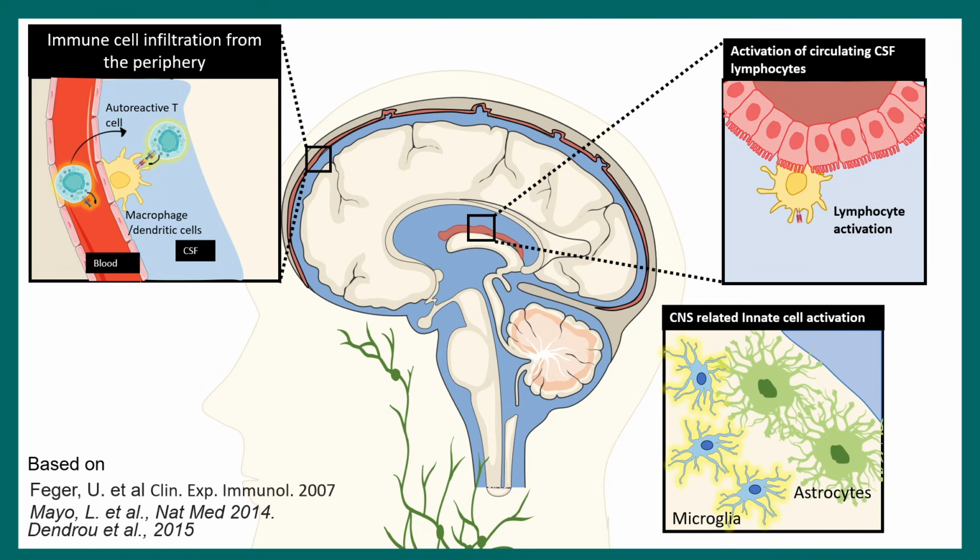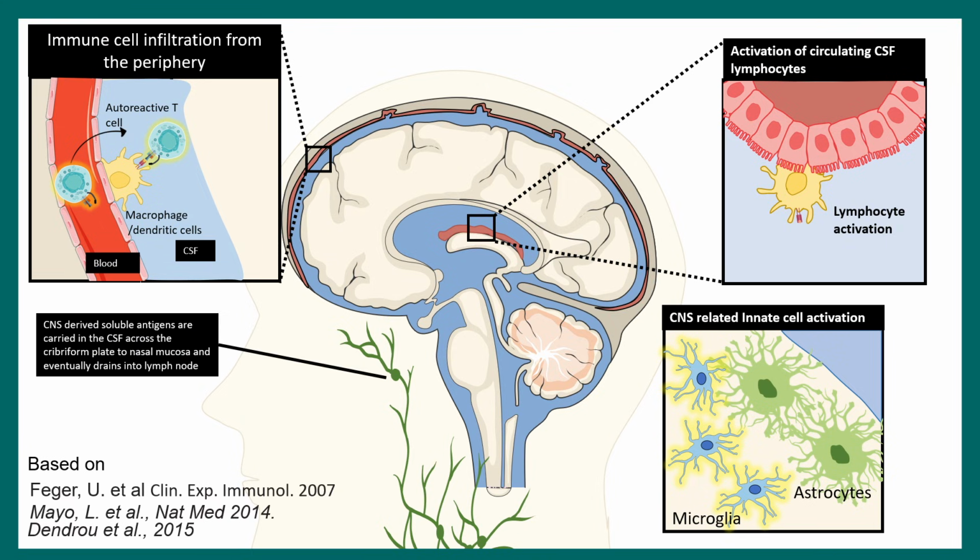Also the state of these microglia and astrocytes becomes more reactive. So overall, these immunological factors make it worse in case of multiple sclerosis. CNS derived soluble antigens are carried in the CSF across the nasal mucosa and ultimately drain into the lymph node. So obviously the lymph node becomes swollen sometimes in multiple sclerosis.